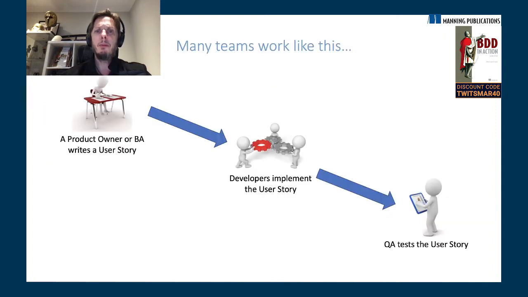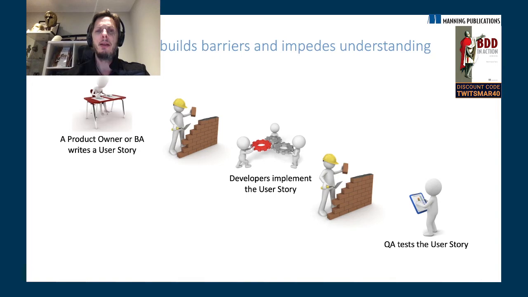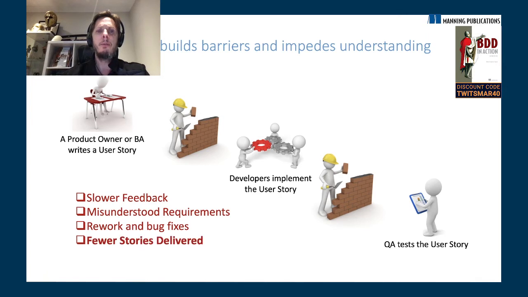The problem with this approach is that when you silo your efforts like this, you're not actually facilitating information going from one person to another. You're building barriers, doing the opposite, impeding the flow of information. The result is slower feedback, misunderstood requirements, bugs, and at the end of the day, fewer features being delivered, which is not good.